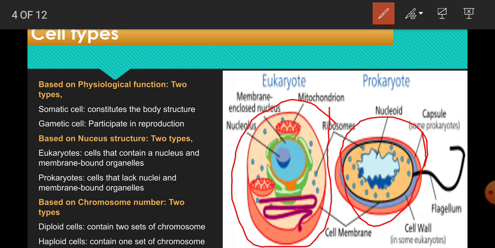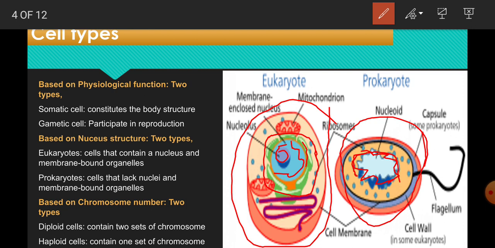In the eukaryotic cell, there is a defined nucleus with nuclear membrane, nucleolus, and chromatin reticulum. But in the prokaryotic cell, there is only chromatin material in the cytoplasm.